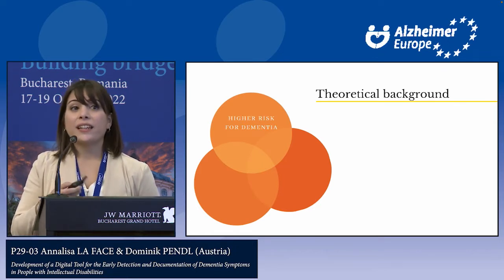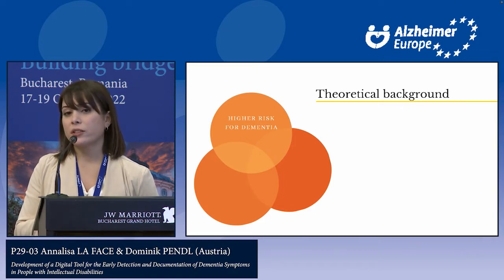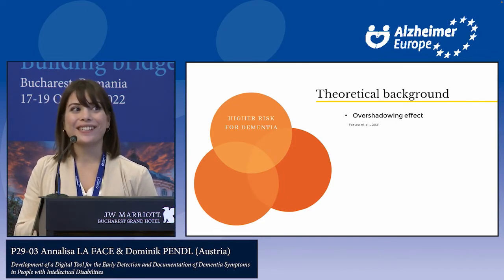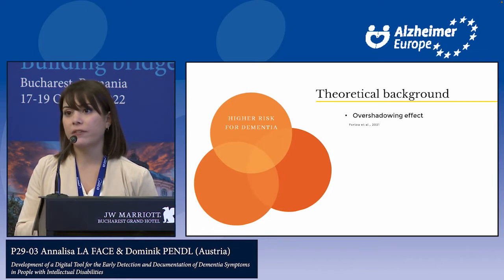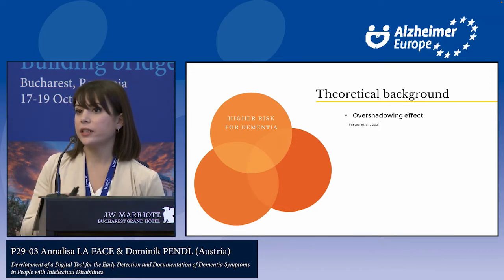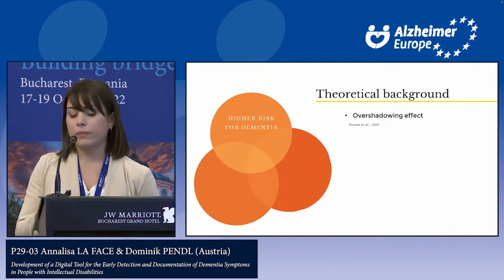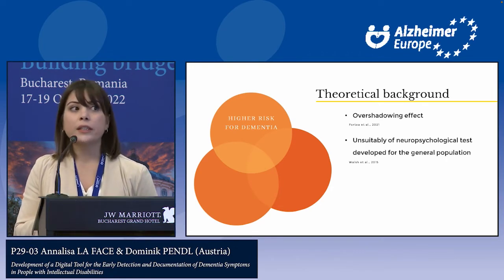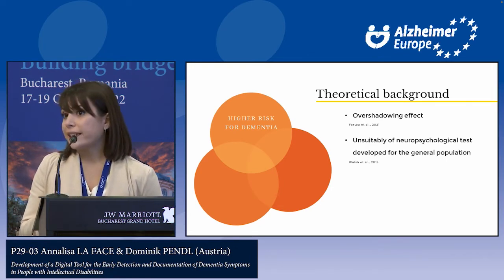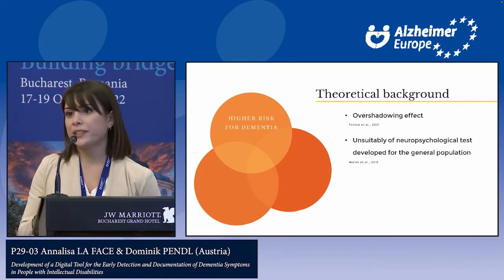Linked with that are some intrinsic difficulties with the diagnosis of dementia. That is, for example, the overshadowing effect. Sometimes symptoms of dementia are not recognized because of the pre-existing cognitive deficit in people with intellectual disabilities, and that's why they could be overlooked. And neuropsychological tests to diagnose dementia are not suitable for people with intellectual disabilities.